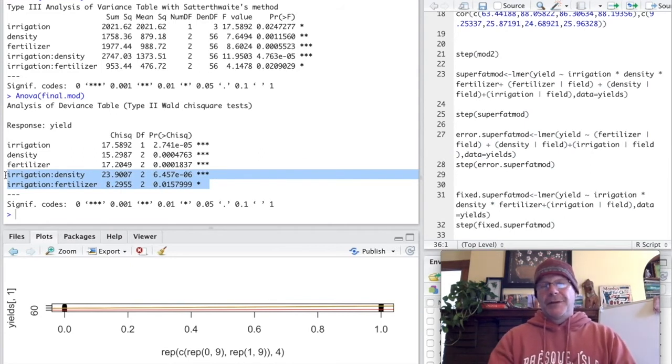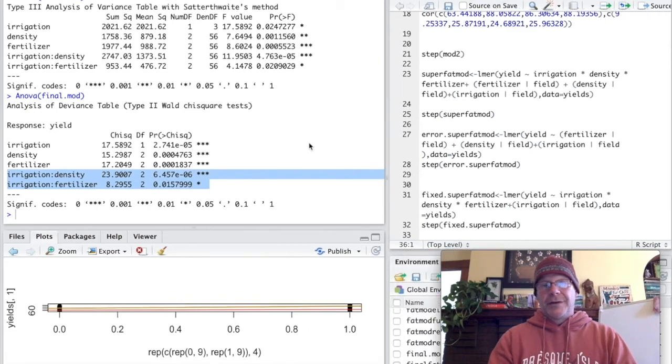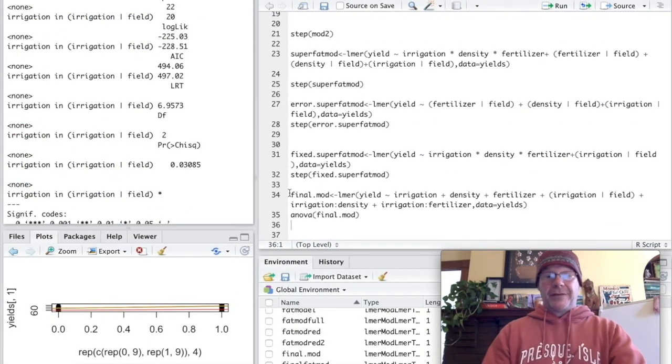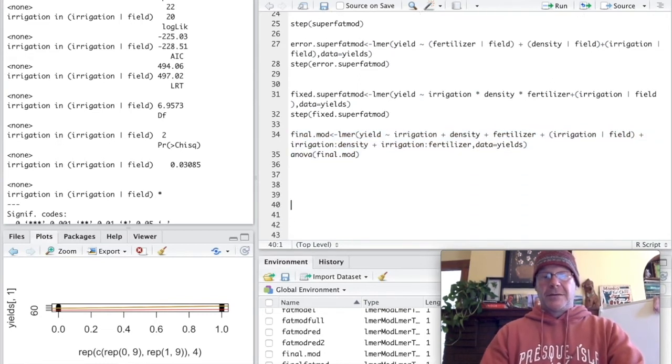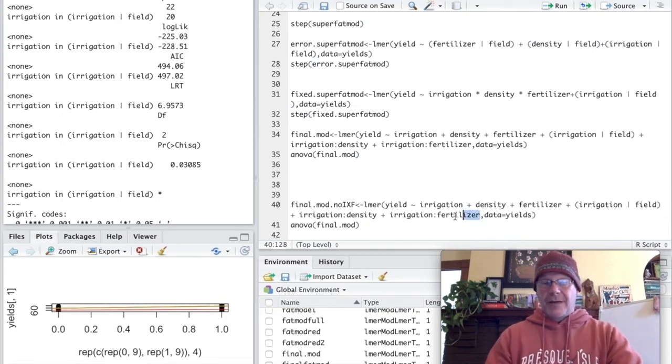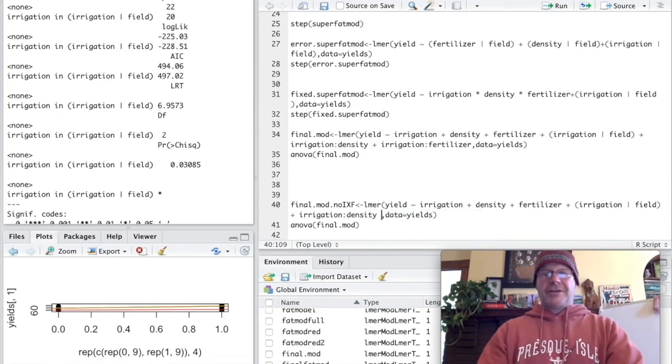And if we were really, really motivated, we could have done it as a bunch of likelihood ratio tests, because what I could do is I could have my final mod with, let's say, no irrigation by fertilizer. And so I could go ahead and drop that one little interaction out right there.